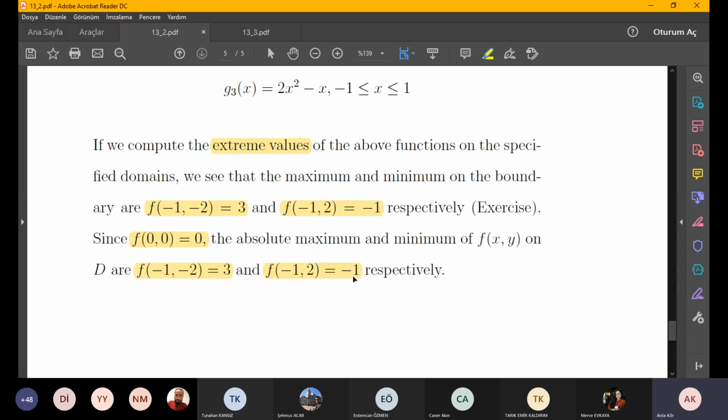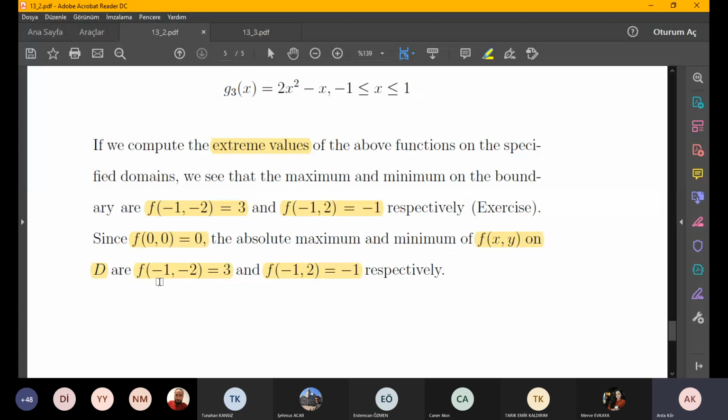As you can see now, those are the vertices of the restricted domain, one of the vertices being (-1, -2) and another (-1, 2).